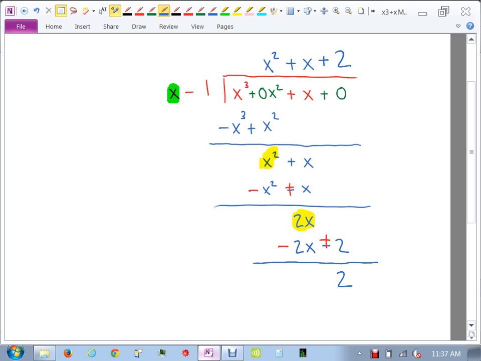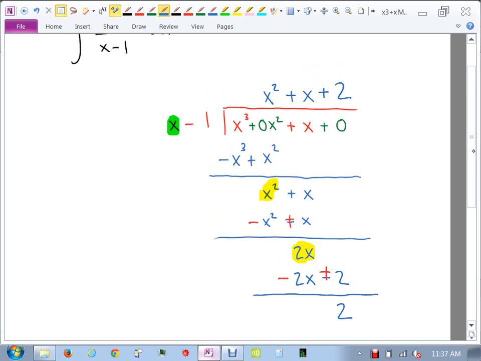As soon as the power out here becomes larger than the power here, you can stop. So we can't get x to become 2, so 2 is like the remainder. But we don't write R2, right? That was a long time ago. What we do is we say plus the remainder, which is 2, over the divisor, which is x minus 1.